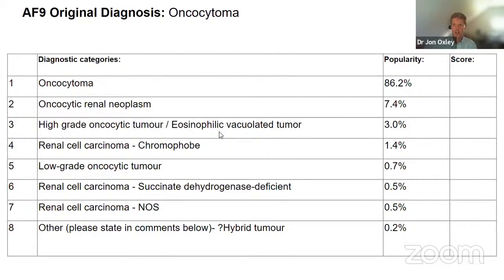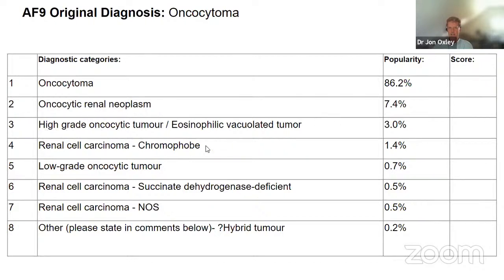And these are the diagnoses you proffered. It's definitely a scoring case because 86% thought it was an oncocytoma. Now we introduced oncocytic renal neoplasm into the drop-down list for the renal core biopsies. Although this is technically correct, I don't think it merits a full mark, but you may want to consider giving it half marks. This is the differential diagnosis.